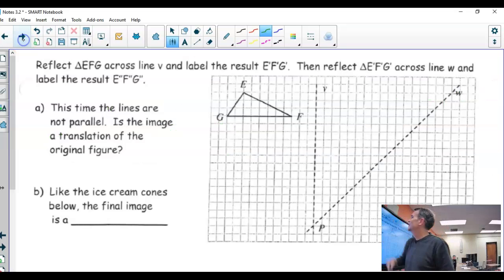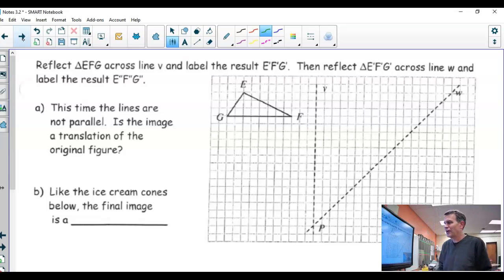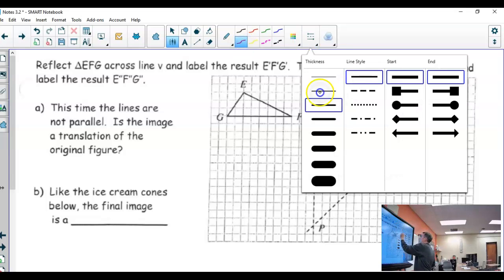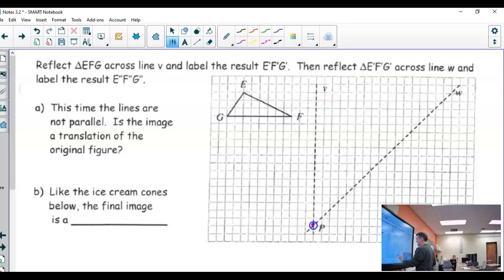All right, so that's 2 reflections across parallel lines. Now we're going to look at 2 reflections across lines that are not parallel, right? These 2 lines intersect at the point P right here. And I'm going to reflect this triangle across, first I'm going to go across V, then I'm going to go across W.